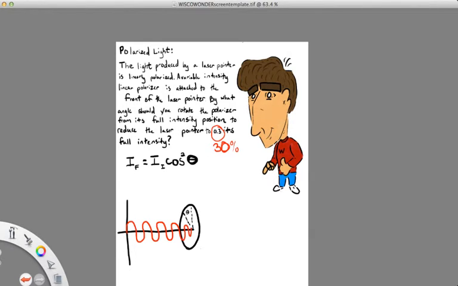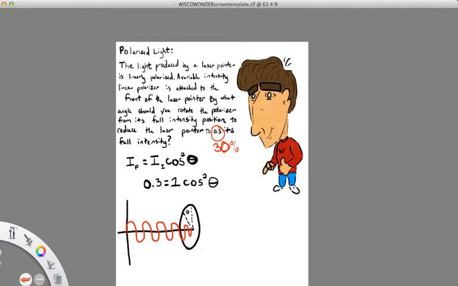And we are looking for this angle. So we will say that our final intensity is 0.3, because like I said, we're assuming that the initial intensity is 1, and then we'll just have cosine squared theta here. So theta is this angle.